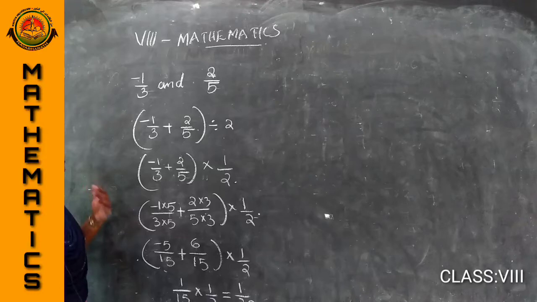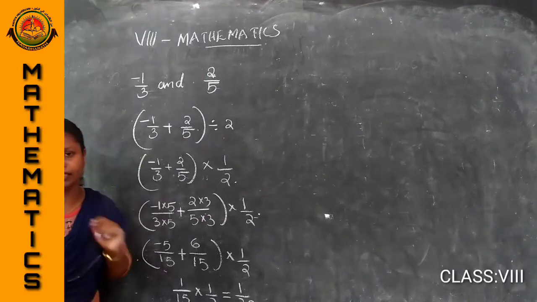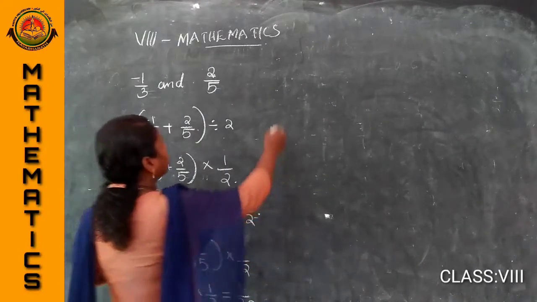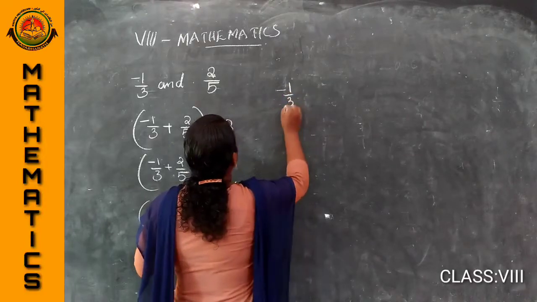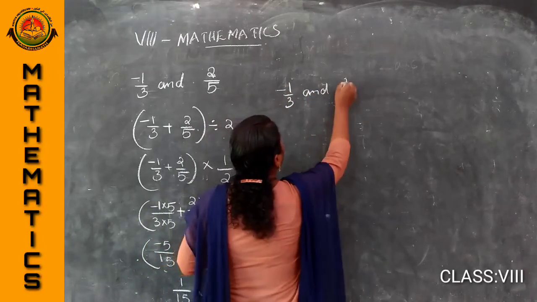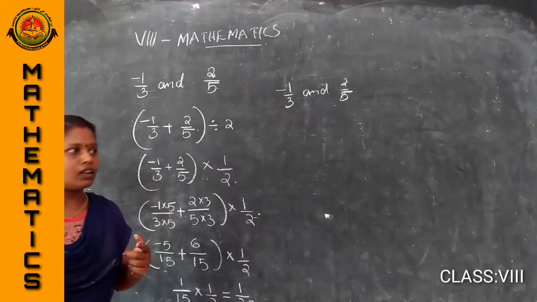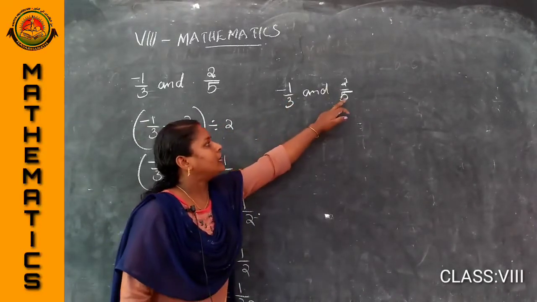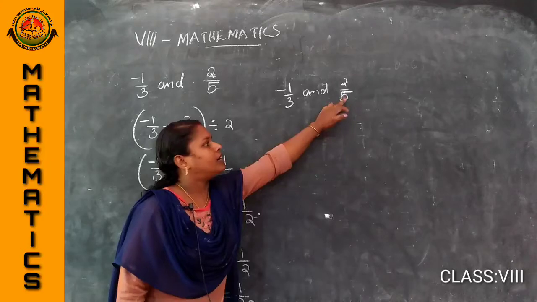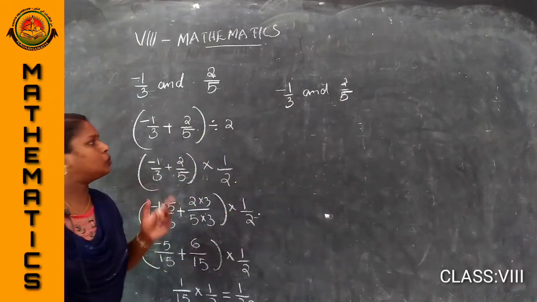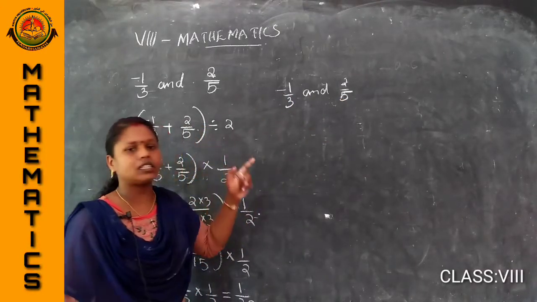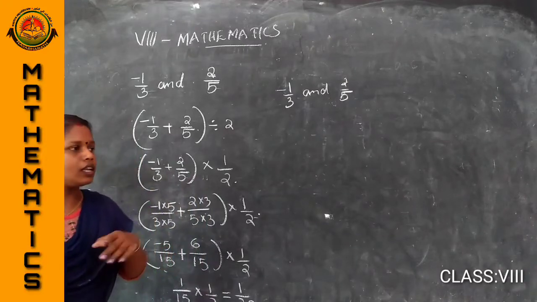And if we are using the first method, here with negative 1 by 3 and 2 by 5, first we need to equalize the denominators, that is, write these rational numbers with a common denominator.